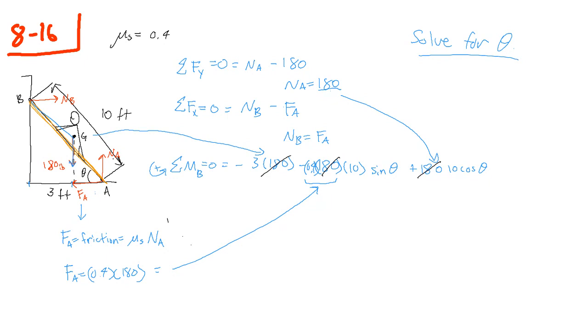Alright, and let's divide everything by 10. So something like that, right? So it looks like we end up with something like this. 3 over 10 is 0.3. Alright, that's just 0.3.